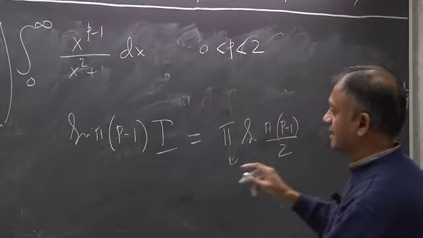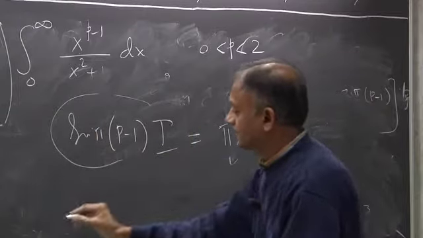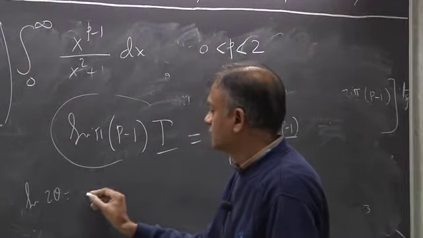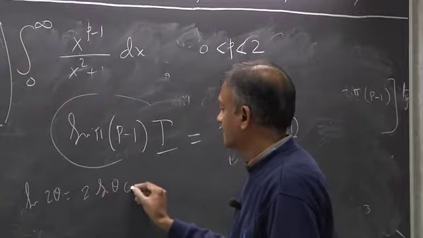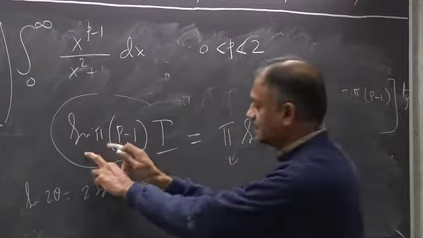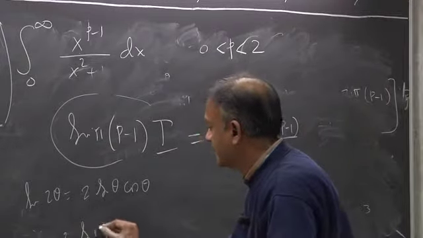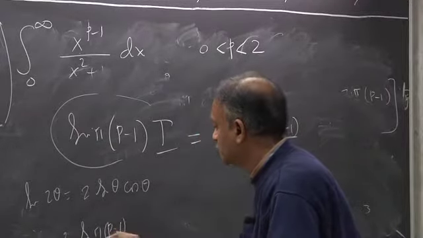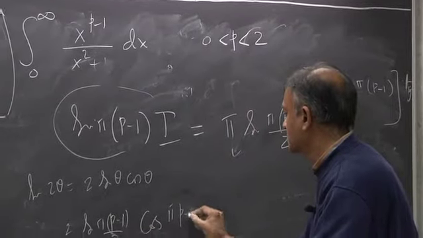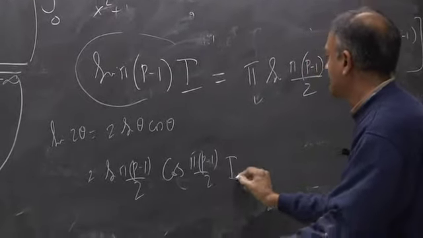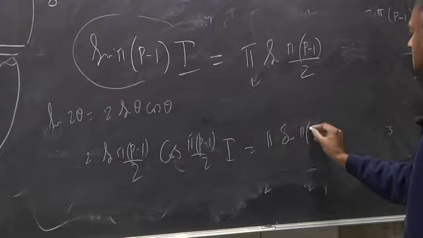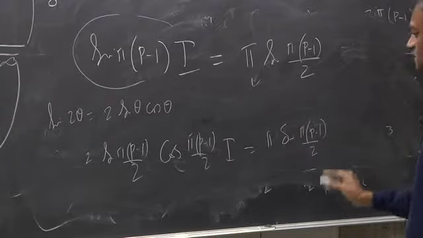But then you know that sine of 2 theta is equal to 2 sine theta cosine theta, this trigonometric identity, right? So I can rewrite this as 2 sine pi (p minus 1) by 2 times cosine pi (p minus 1) by 2 times I, that's equal to pi sine pi (p minus 1) by 2.